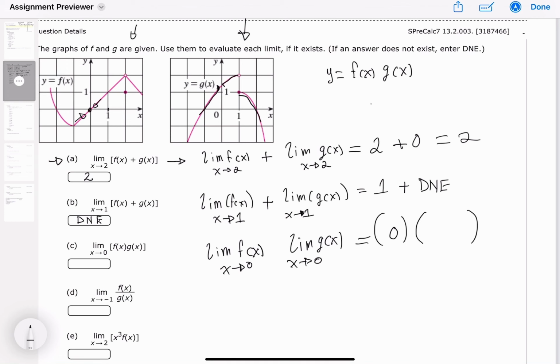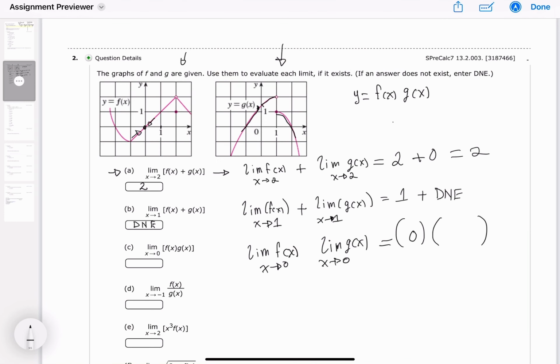So this limit exists. It does exist, but I actually don't care about the value. It could be 2 or 1 point something, but it doesn't matter. All I care about this one is to verify that this limit exists. Once I know that this limit exists, this is 0, because any number multiplied by 0 is 0. So this value is actually irrelevant.